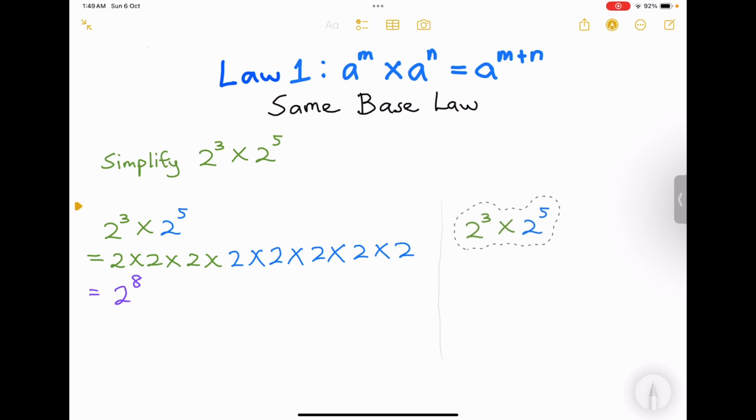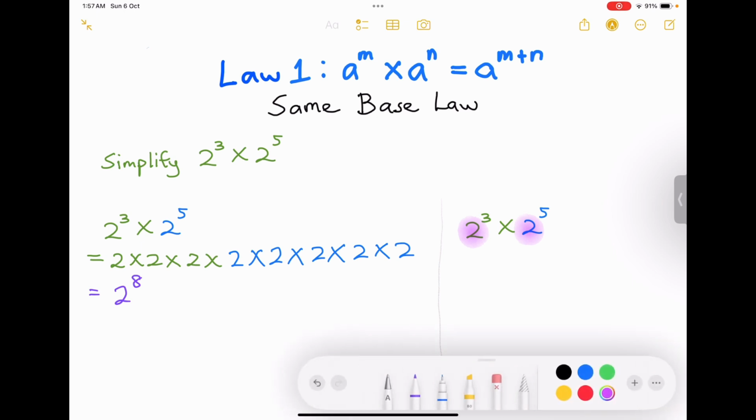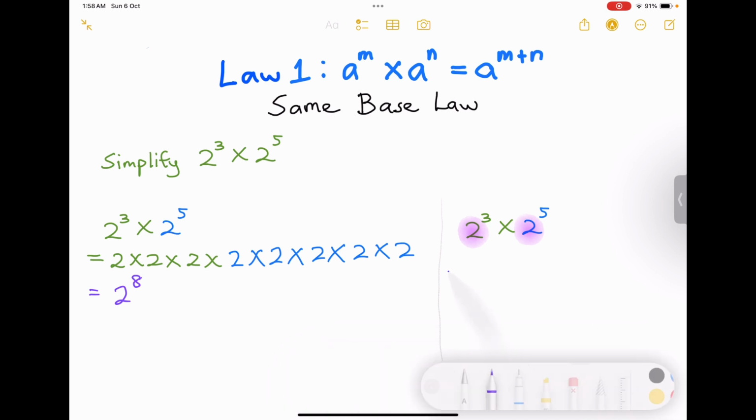Now I will make use of the same base law. Observe that the base is the same. This means that we just have to write the base one time. The first 2 appears 3 times.